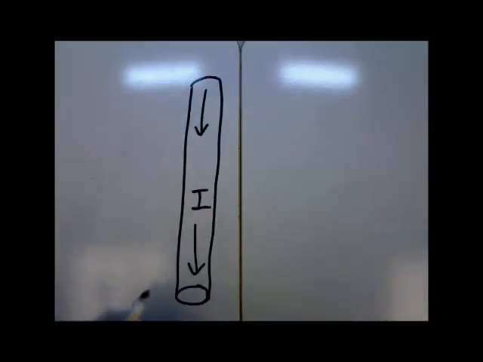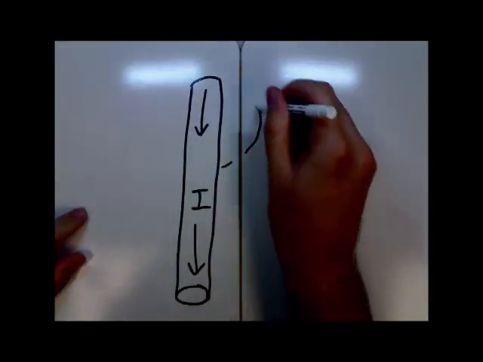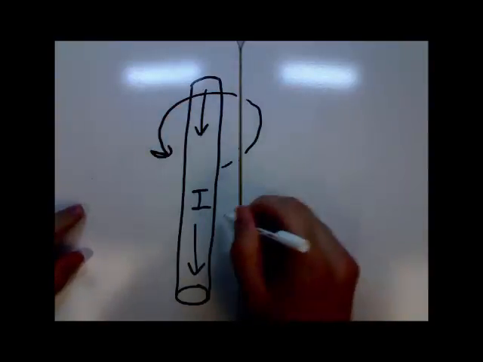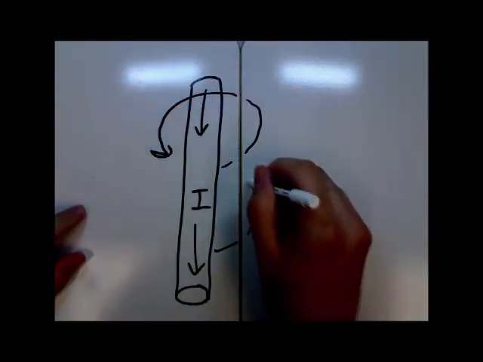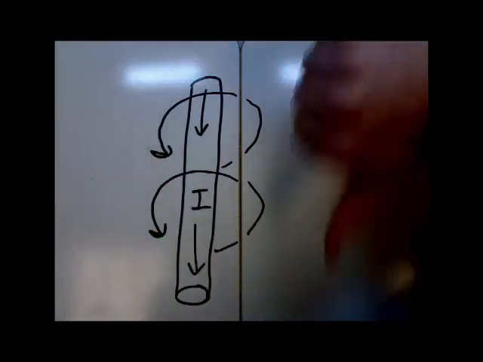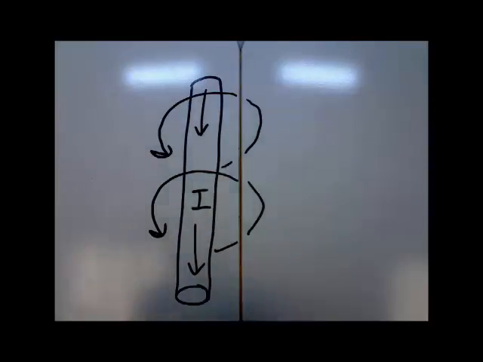Therefore, the magnetic field traveling around the wire moves something like this, with the current traveling down and our fingers curving around like this.